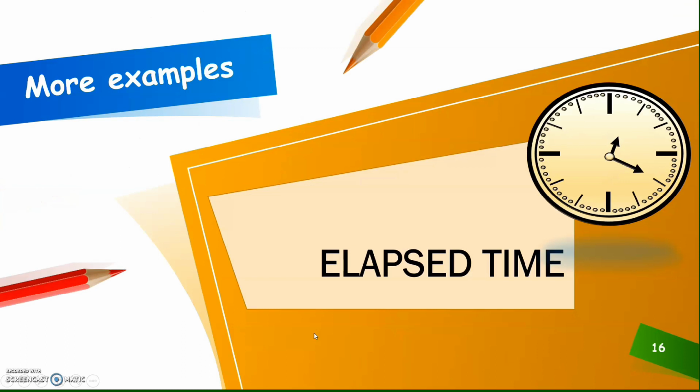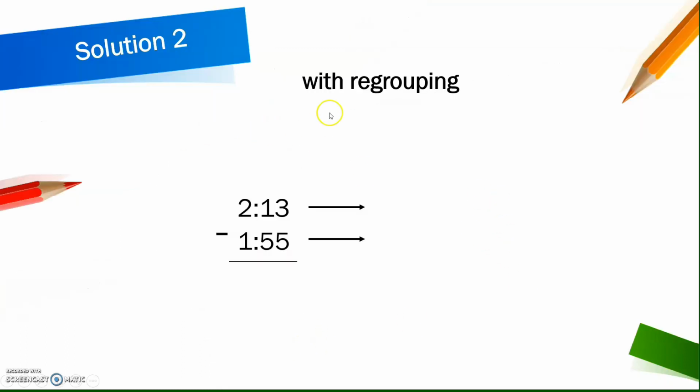Now, let's have more examples for solving elapsed time. So, start tayo sa with regrouping. So, let's say we have 213 minus 155. So, since yung 13 ay maliit kesa sa 55, manghihiram tayo ng isang oras sa 2. So, yung 2, magiging 1 hour na lang.